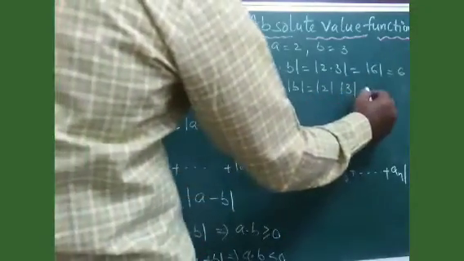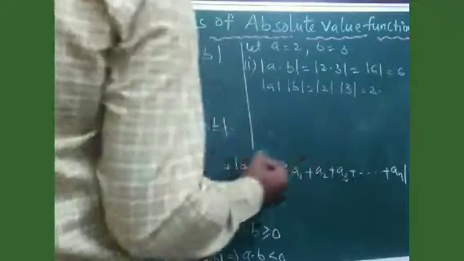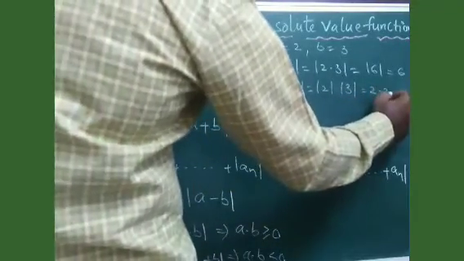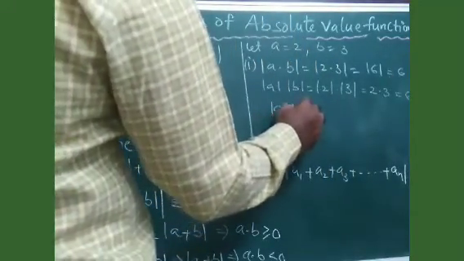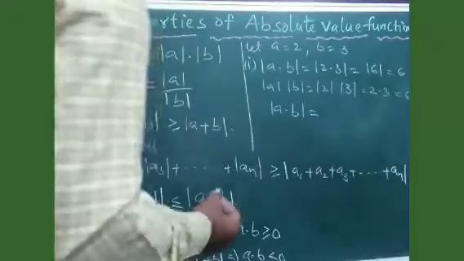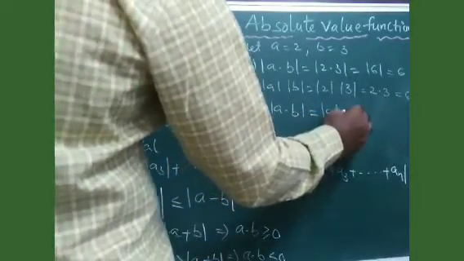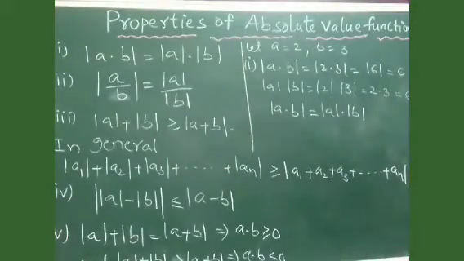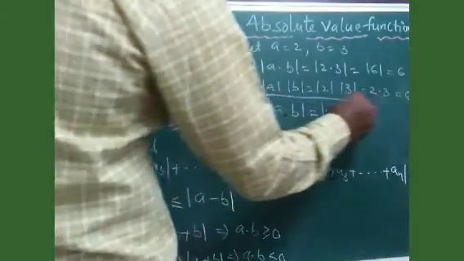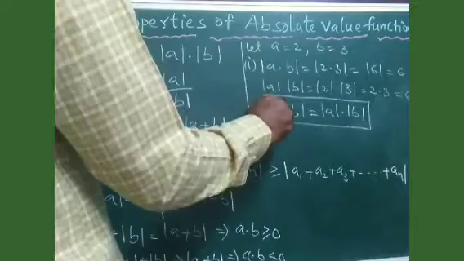Modulus of 2 is 2 and modulus of 3 is 3, and finally 2 into 3 is 6. Therefore, modulus of A into B equals modulus of A into modulus of B. Okay, so this is the proof of the first one.